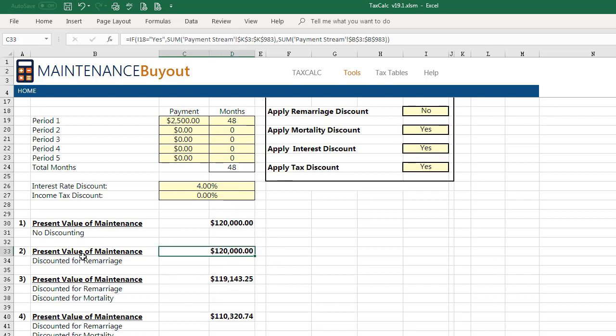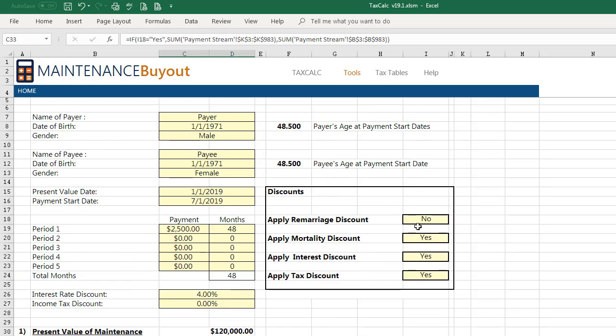First, it would be a remarriage assumption. Right now, I've defaulted that to not being applied. If you click on this and toggle it to yes, you'll see that there is a discount or a reduction for the probability of remarriage. Remarriage obviously would end a maintenance term, so if you have concerns about that or want to build that risk in, there is a calculator here that tries to quantify the probabilities for remarriage.